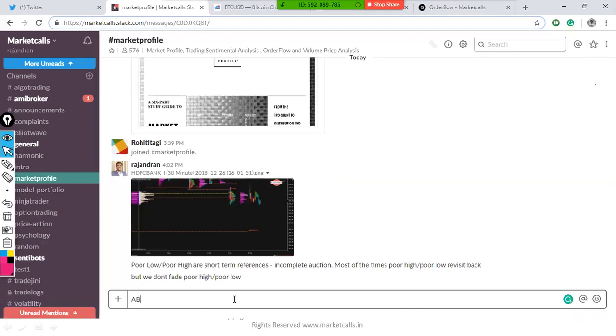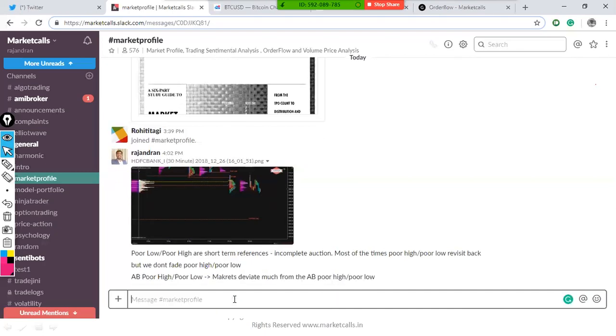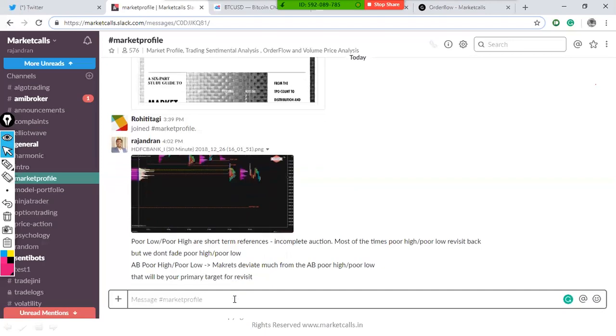But if it is an AB poor high or poor low, and the market deviates much from the AB poor high or poor low, that will be your primary target for revisit.